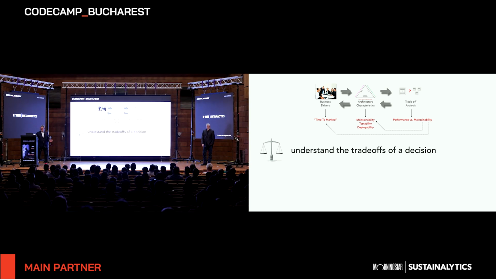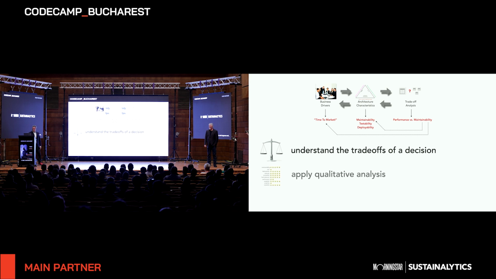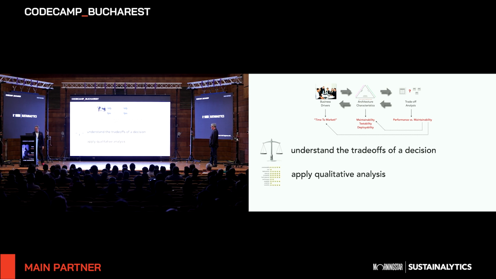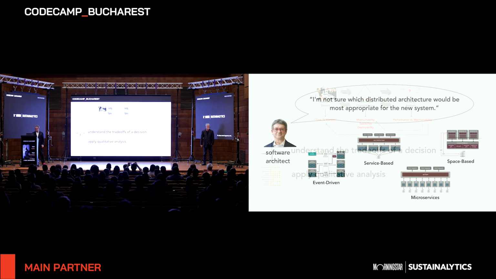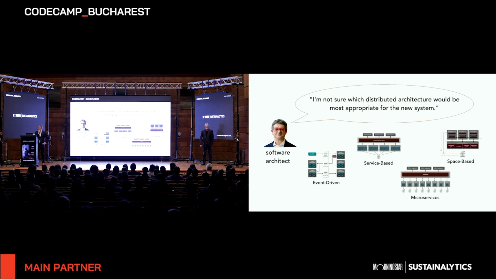So let's look at the second of our three criteria to help understand essential complexity, and that is to apply qualitative analysis to particular problems in software architecture. I'm not sure which distributed architecture would be most appropriate for the new system.